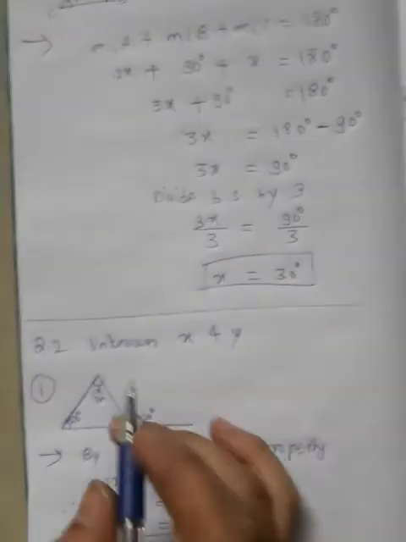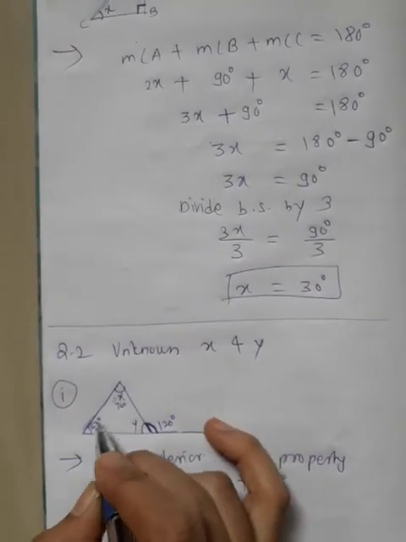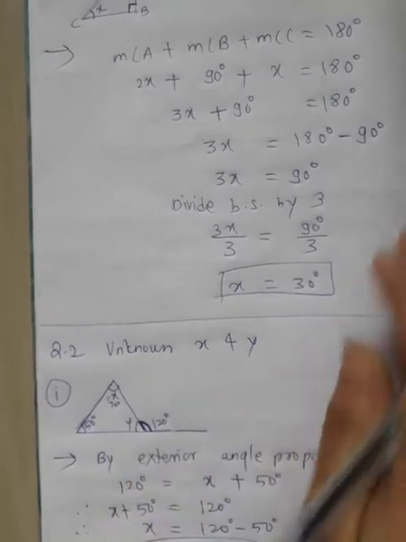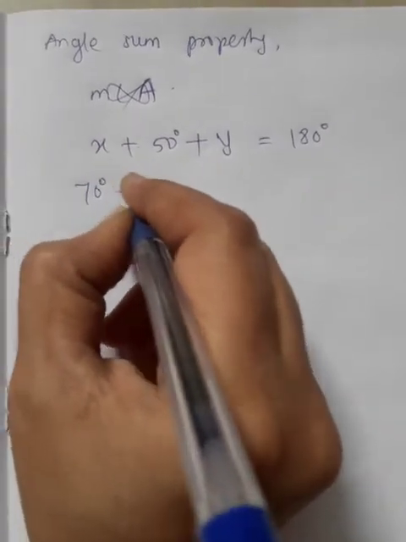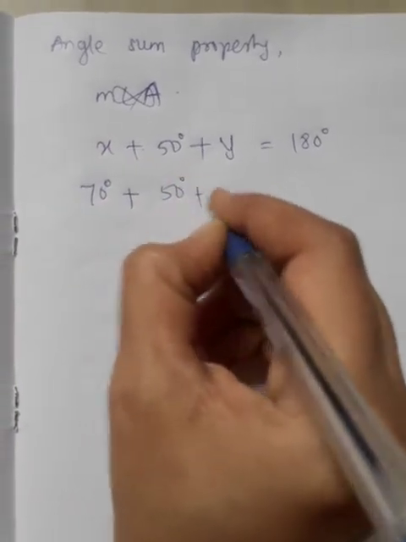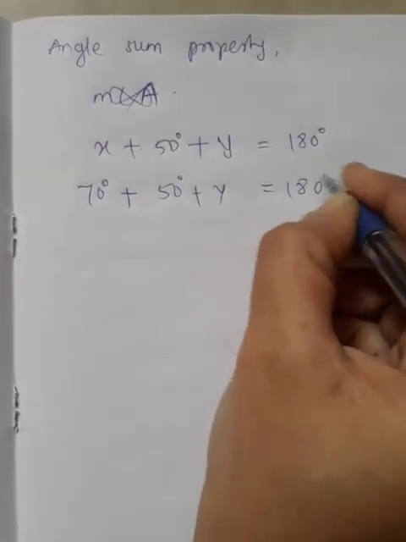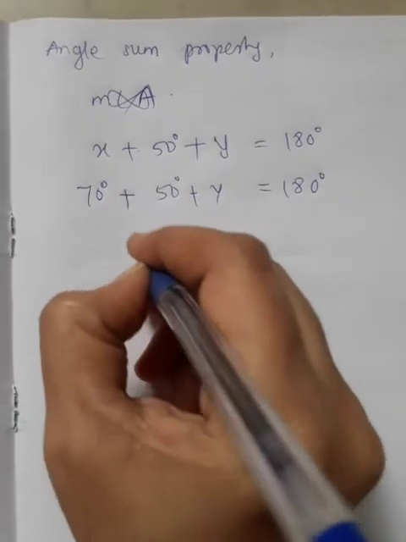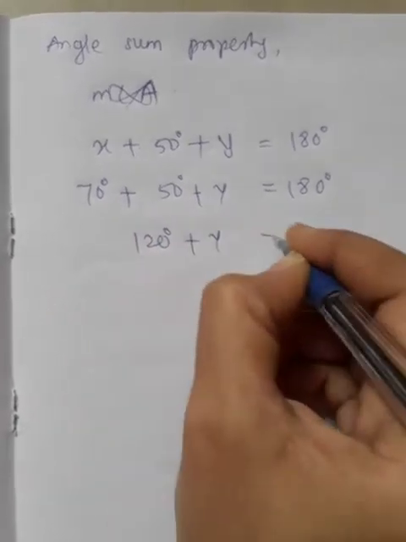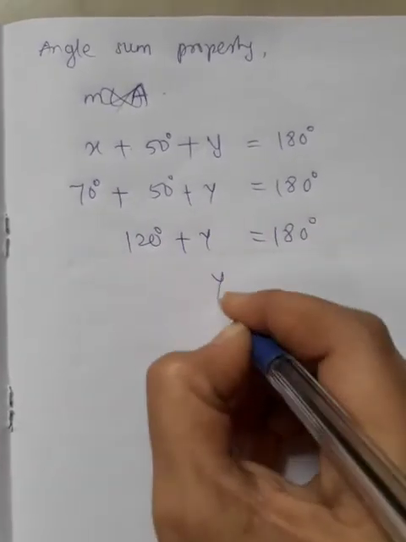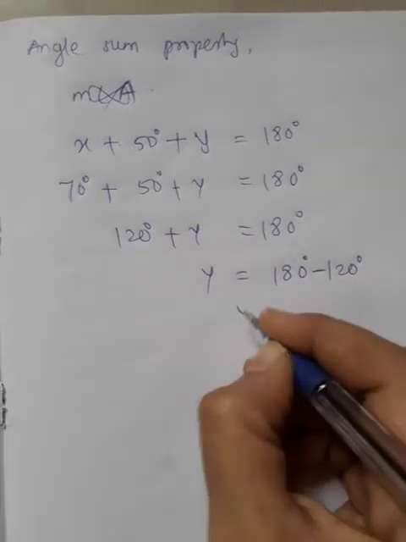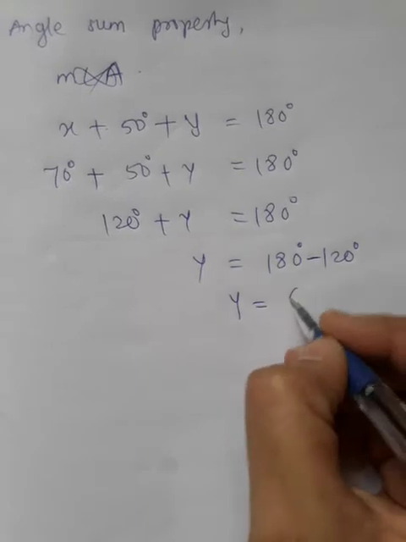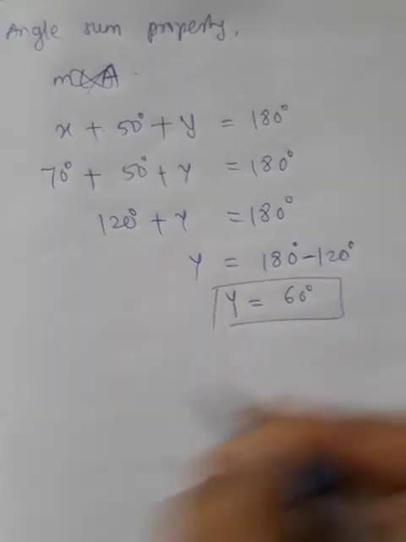The sum of the measures of the angles of the triangle: x plus 50 degrees plus y is equal to 180 degrees, but we got the value of x. The value of x is 70 degrees, so put it here, and by this we can get the value of y. 70 plus 50 is 120, and to find y we transpose 120 to the RHS, so it gets a minus, and we get the value of y as 60 degrees.